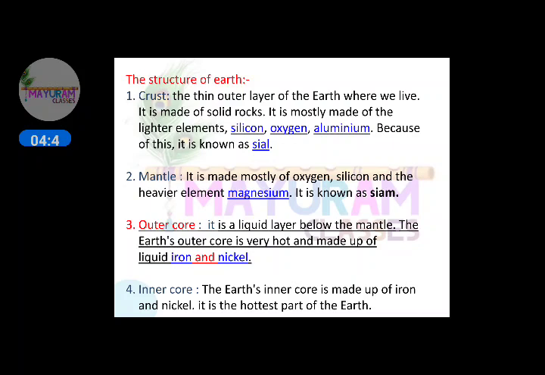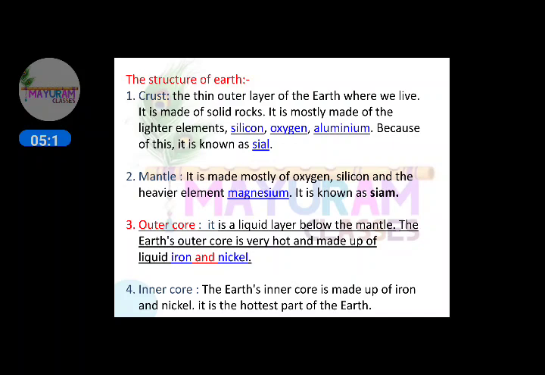Thus, the flowing of liquid metal in the outer core generates electric current, and these electric currents form a magnetic field around the earth. So we can say the earth's core is very hot and molten, and the ions of iron and nickel are responsible for earth's magnetism. This hypothesis seems very probable.